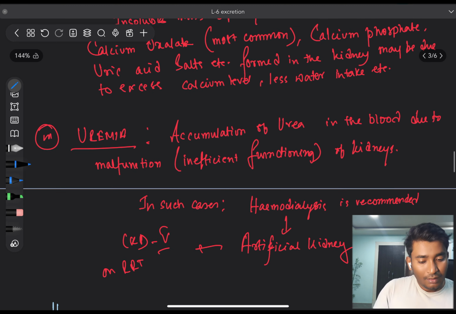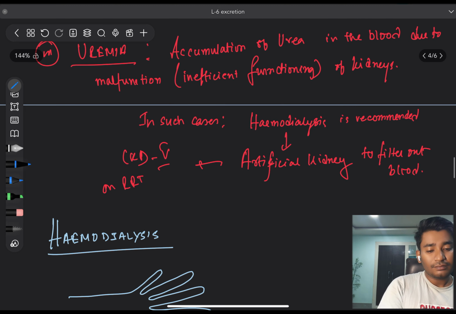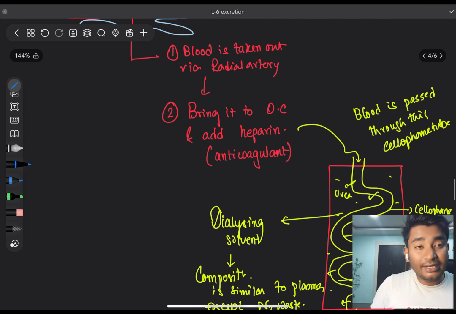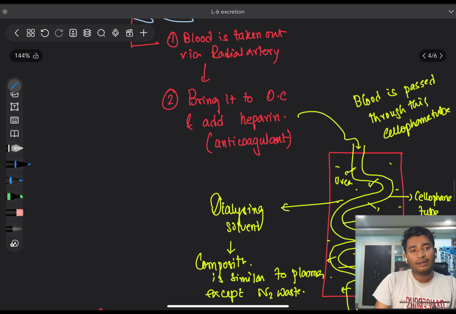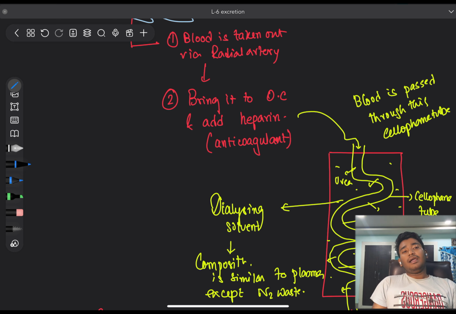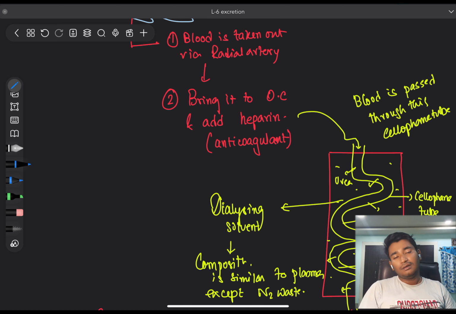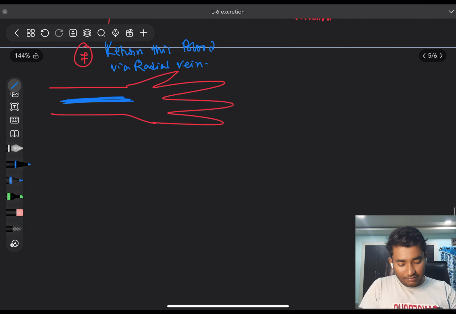The last part of this chapter is acute renal failure. Acute failure and chronic failure are different things. Acute failure is when the incident happens suddenly, and chronic failure is when it happens over a long period of time.